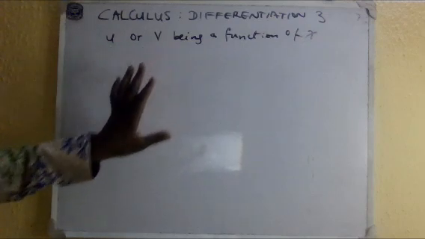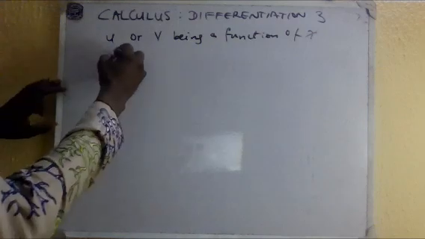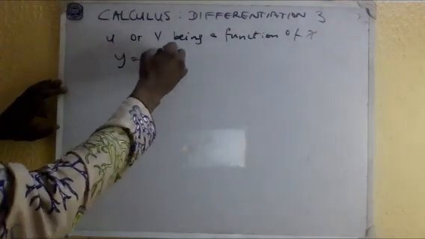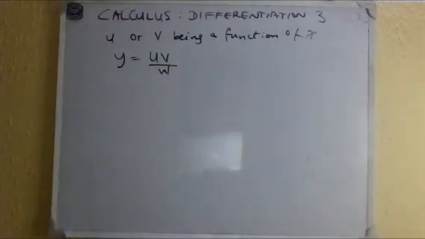But what if we are given three functions? For instance, where you have y is equals to uv over w, and all of them are functions of x. In this case, we are going to be using the logarithmic system to differentiate functions that are more than two.